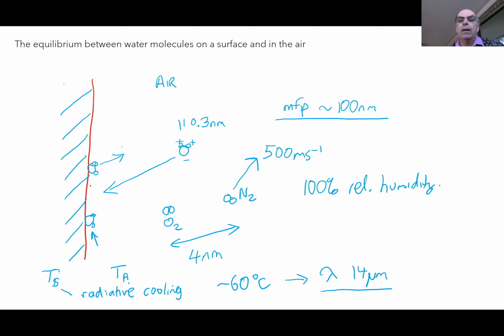If we can make a layer just a millimeter thick of low humidity air close to our optics, we are 99% of the way to solving the icing problem. And where can we get this low humidity air? Well, it turns out that the air very close to the ice is at the ice temperature, which is radiatively cooled down to -60, -70, and that is lower in temperature than the ambient air near the telescope.